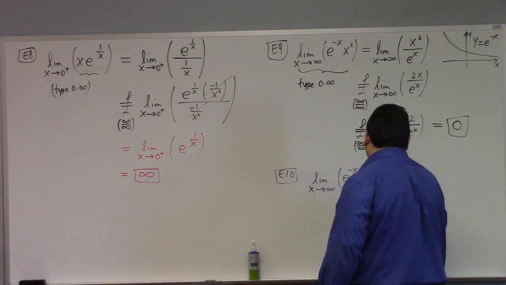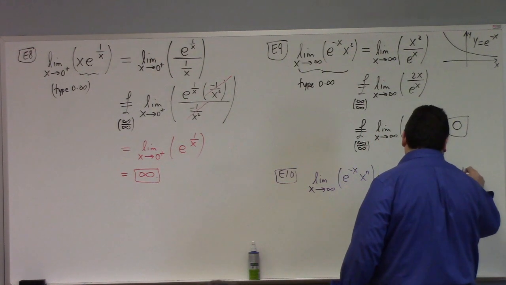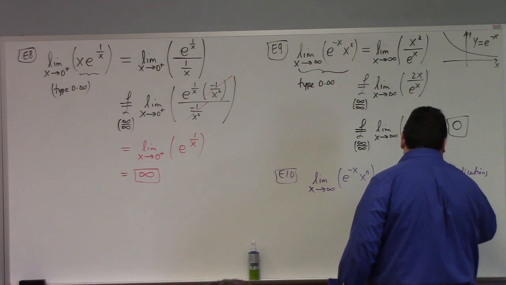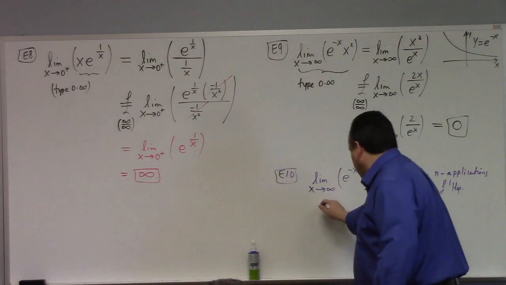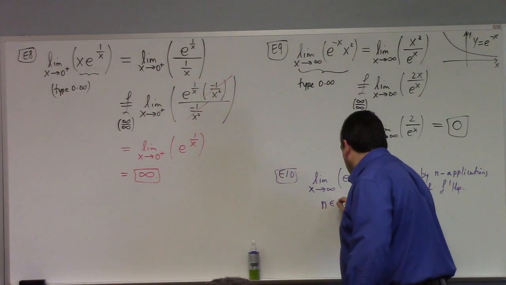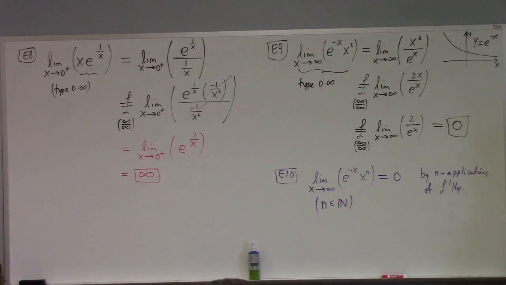It would still be 0, by n applications of the L'Hopital's rule. And here I'm assuming n is a positive integer. If n was negative, that would be a different story.